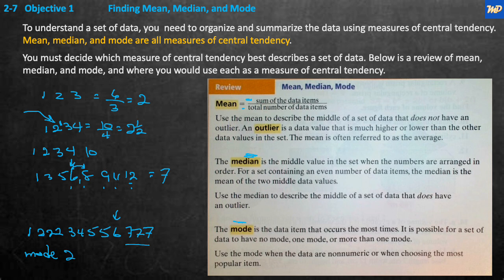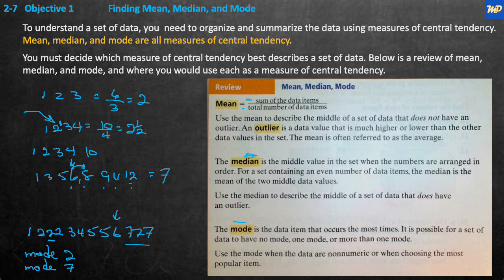There's more 5s than some of the other ones, but it's still not the most. But if we erase this and allowed the 7s to come into our data set, then we'd have a mode of 2, and we'd have a mode of 7. They're equal: 3 2s, 3 7s. If there were 4 7s all of a sudden, then the 2 wouldn't be a part of the mode anymore.